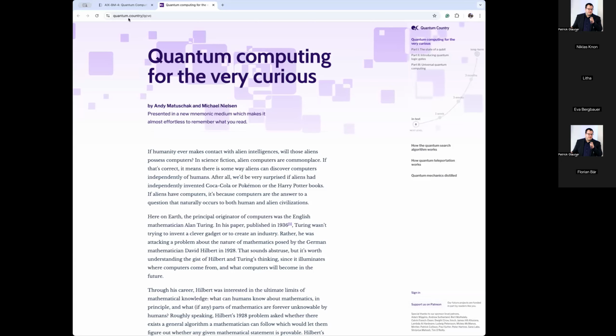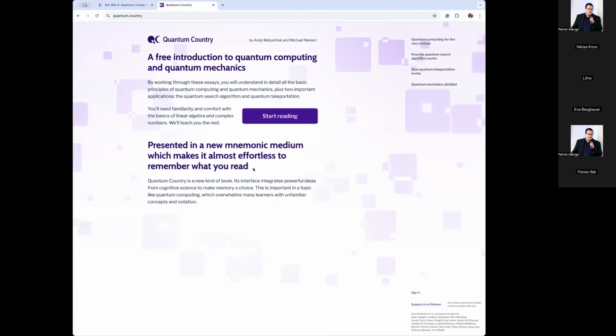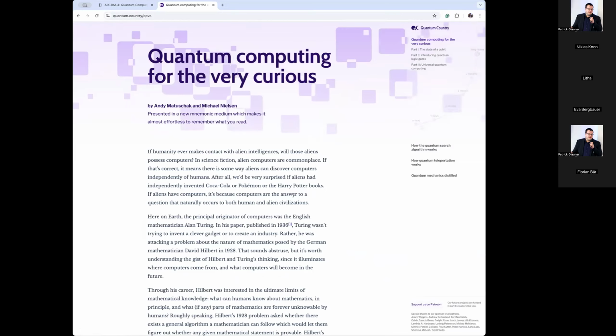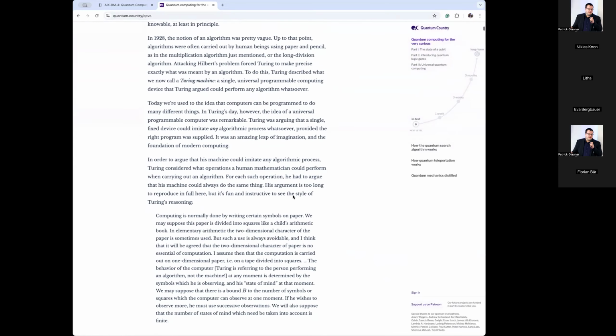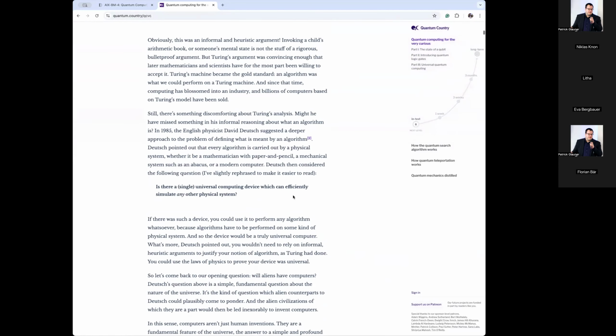If you open quantum.country, you will come across different essays. There is an essay which is the introductory one. It's called Quantum Computing for the Very Curious. If you scroll down here, there's lots of text.